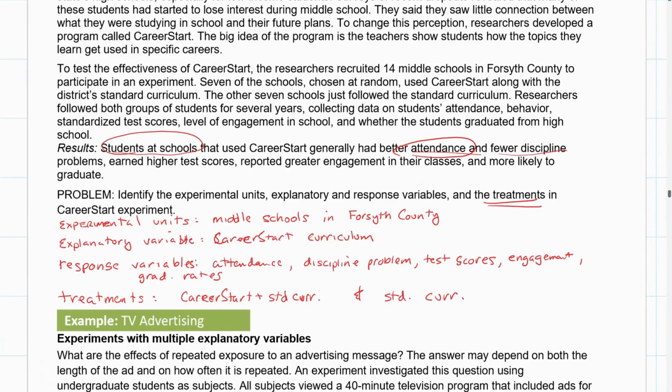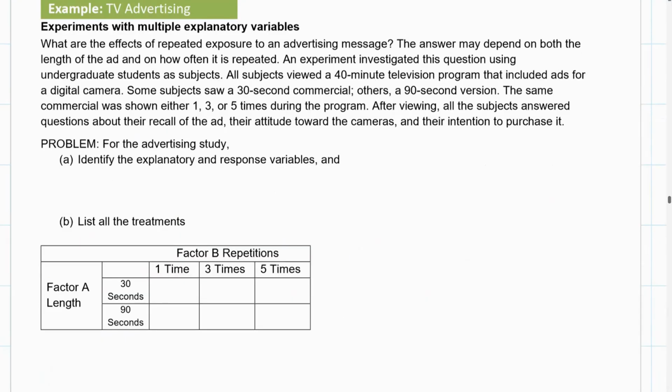Here we go. Here's another example. What are the effects of repeated exposure to an advertising message? The answer may depend on both the length of the ad and how often it's repeated. An experiment investigated this question using undergraduate students as subjects. All subjects viewed a 40-minute television program that included ads for a digital camera. Some subjects saw a 30-second commercial, others saw a 90-second version.